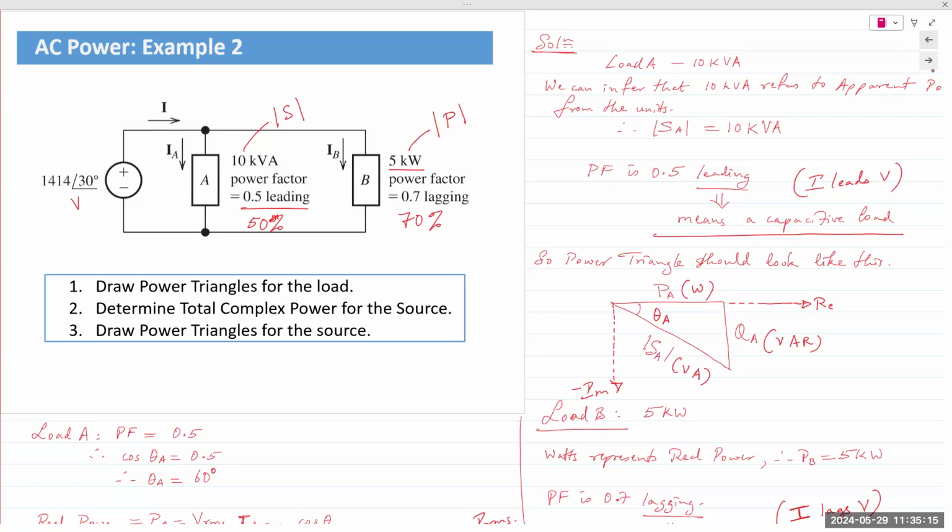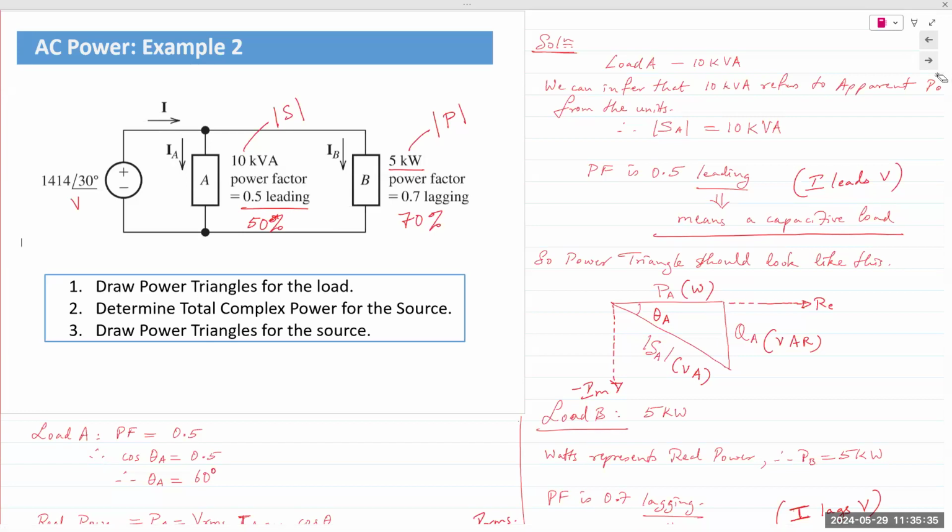Okay. A circuit diagram is not given. This is simply a system diagram. What is given is that there are two loads, A and B, and there is one source. The value is given for the source voltage. Load A is given, load B is given.